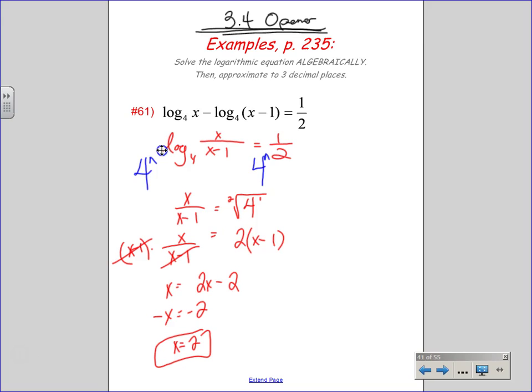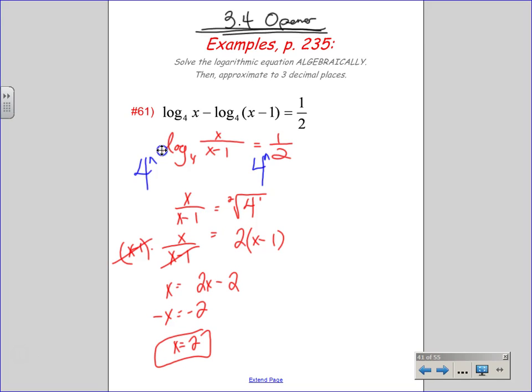Jordan. So when you're saying raising to the power of, I know what you're doing, and I know that you have to do it to both sides, and then the log will cancel out. But I don't know what you mean. Is it like you're putting it as an exponent? Yes.